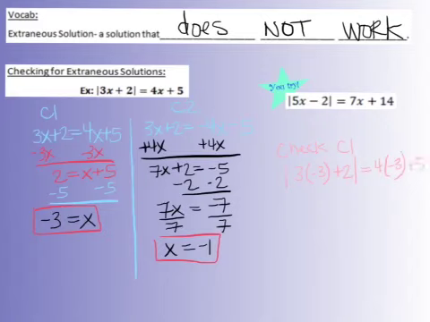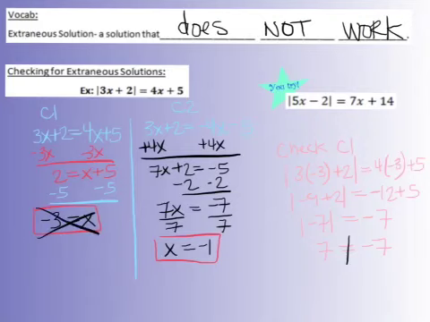Alright, so inside my absolute value, I have negative 9 plus 2 is equal to 4 times negative 3 is negative 12 plus 5. Inside the absolute value, I get negative 7 when I combine negative 9 and 2, and that's equal to negative 7. And then taking the absolute value of negative 7, I get 7 is equal to negative 7. Well, that obviously is not true. So negative 3, my case 1, does not work.